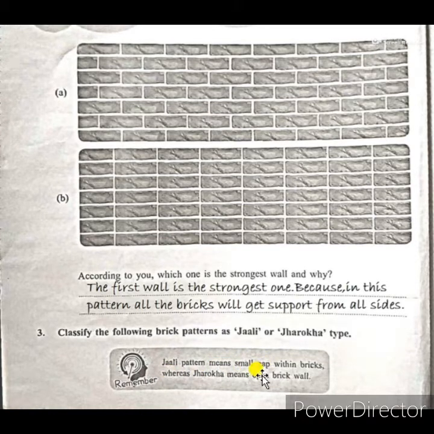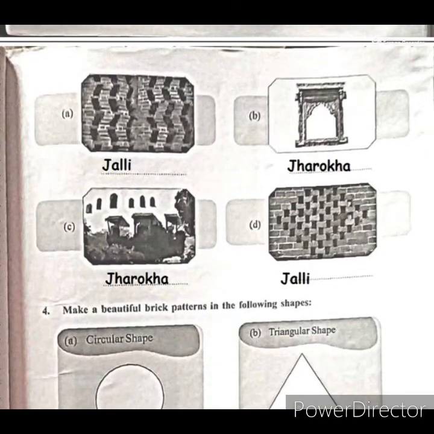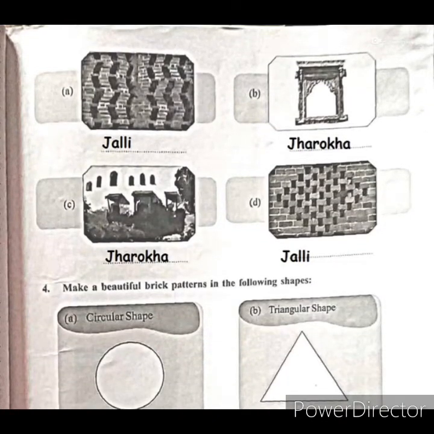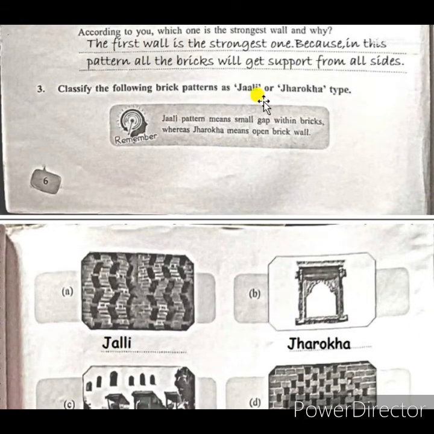That is Jali type. The question is asked on this page, but the patterns are shown on the next page, page number 7. Four types of patterns are shown. What type of patterns are these? We have to identify and classify them as Jali or Jharoka.